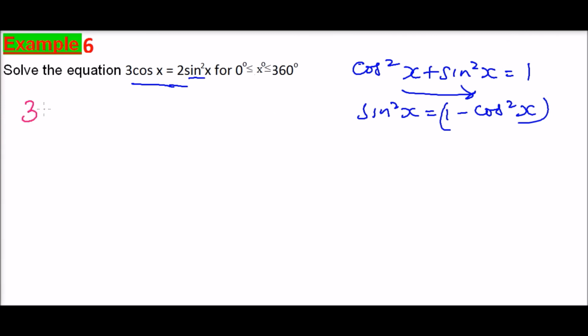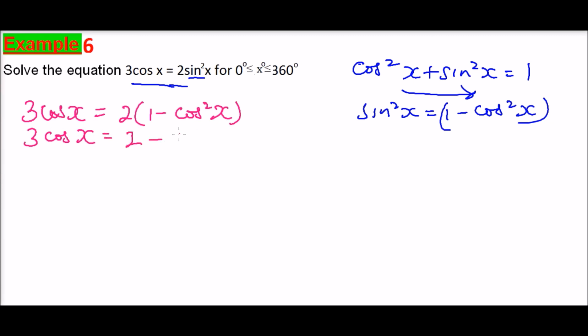So we can actually replace our sine squared here with this expression, and therefore we will write our equation as 3 cos x is equal to 2, instead of sine squared, we write 1 minus cos squared x. So we open the bracket, so we have 3 cos x is equal to 2 minus 2 cos squared x.